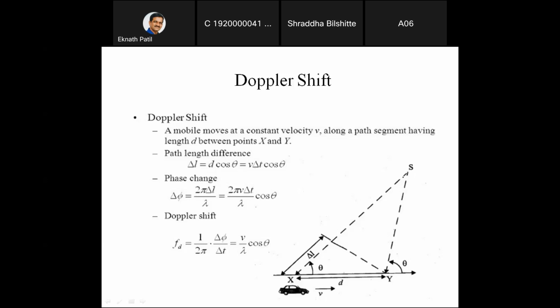The only thing is that here both the mobile subscriber as well as the base station are going to transmit and receive the signal. In case of Doppler, we have discussed one-way communication, but in this mobile communication it has the effect of two-way.